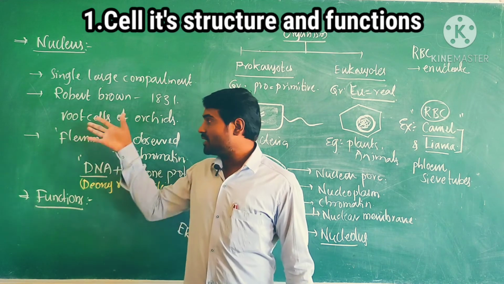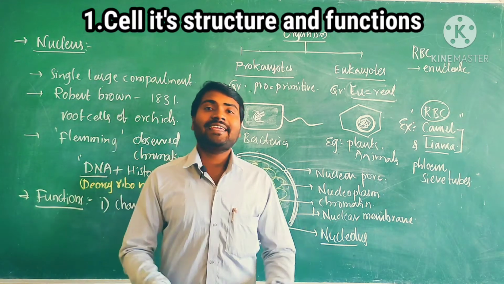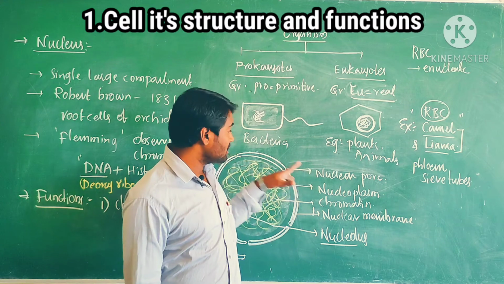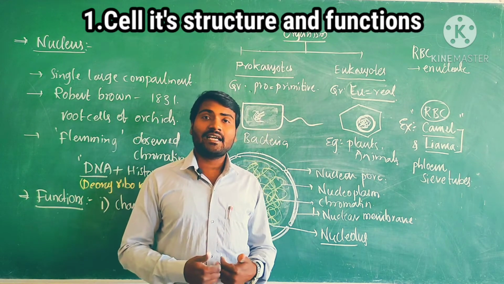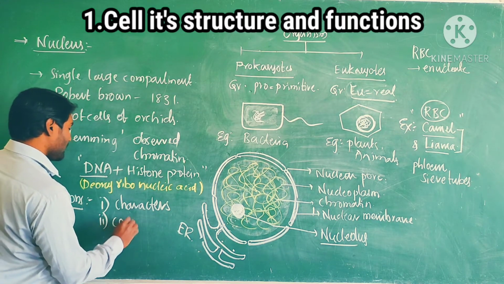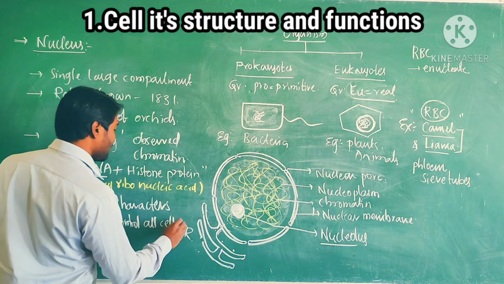Let us see the functions of the nucleus. It gives well-defined characters because our characters are dependent on genes. The genes are present in the chromatin DNA, hence it gives character. It controls all cell organelles.